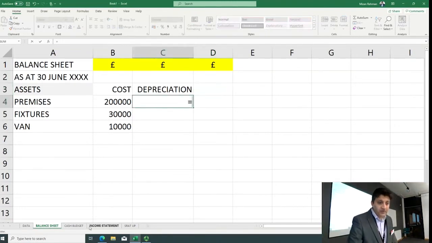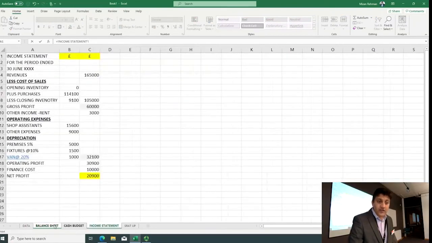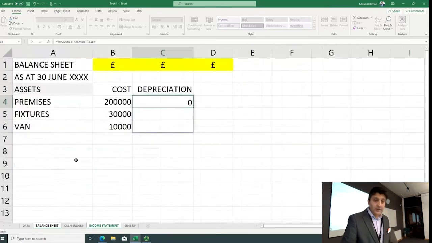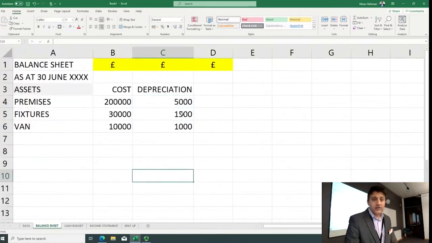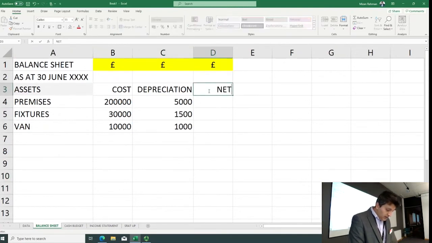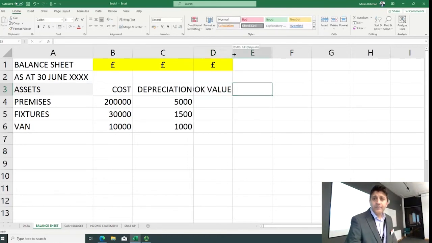So accumulated depreciation so far is, this shouldn't be from the income statement, it should be from another account, but we can use in this case from here 5,000, and it is called net book value.